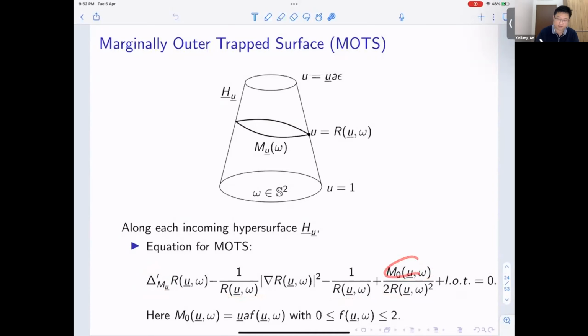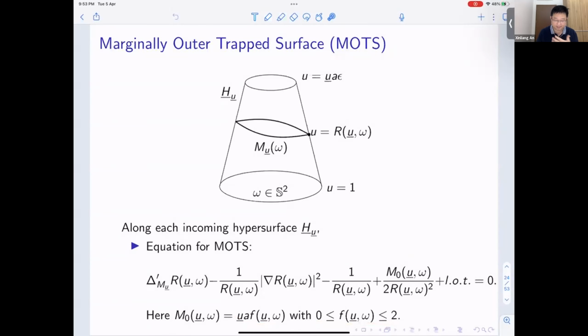Intuitively, M tells us, along each angle, what would be the mass we shoot in. In the short pulse regime, this is always u bar times a, with a constant between 0 and 2. This u bar a comes from integration from 0 to u bar of the k-hat square, and this will be a constant.